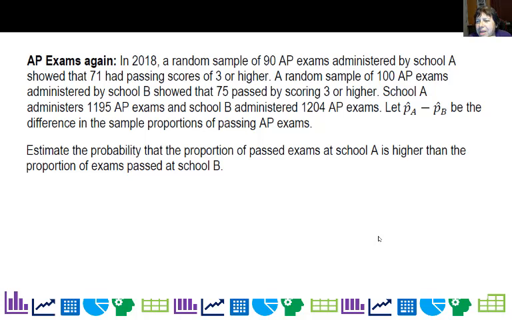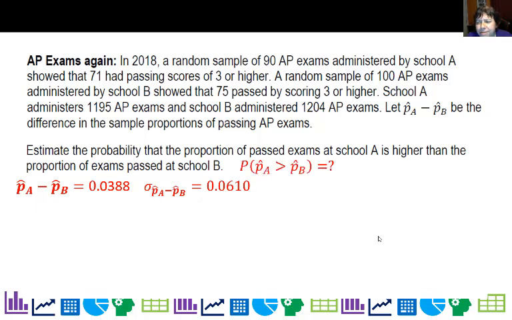Okay. Estimate the probability that the proportion of passed exams at School A is higher than the proportion of passed exams at School B. So remember, we found these two in the last bit, and we're trying to find this. And you're probably going, wait a second, how do I calculate a z-score for that? I've got two different proportions. Well, if we make it look like this, we're in not such bad shape. So we're going to subtract this from both sides, and we end up with this.